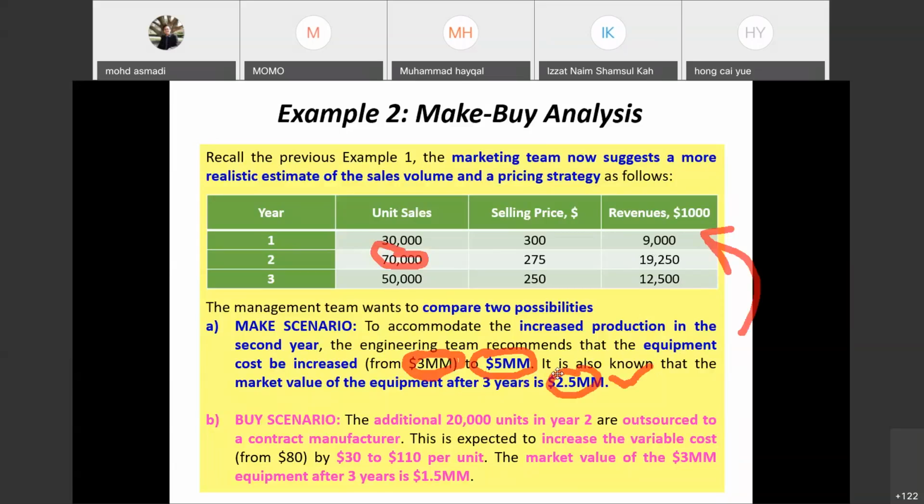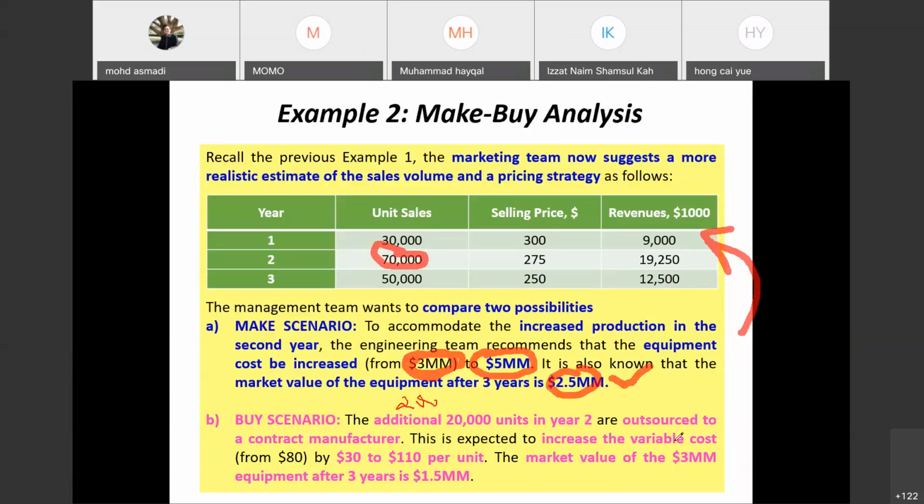For the buy scenario, the additional 20,000 units in year two are outsourced to a contract manufacturer, meaning that this one, if you look at here, 20,000, this is expected to increase the variable cost from 80 by 30 to 110.